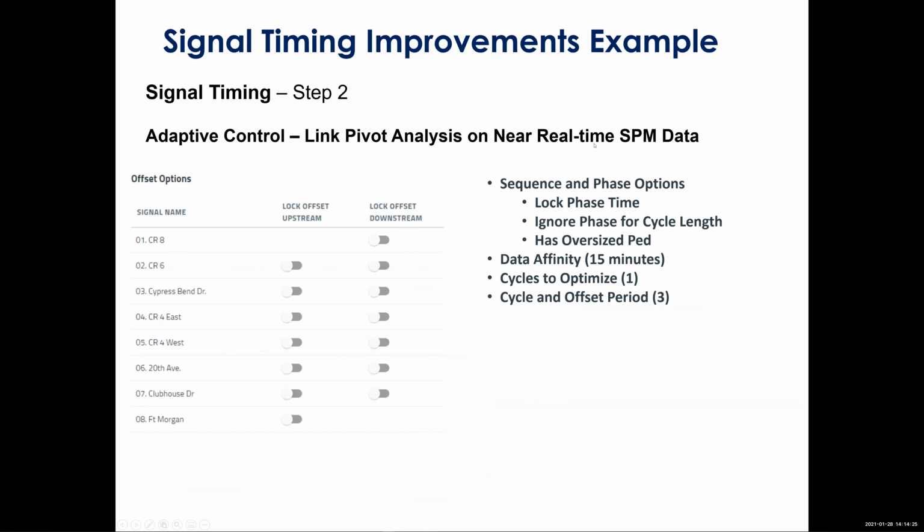And then finally, we look at some sequence of phase options, the data affinity, cycles to optimize, and cycles an offset period basically tell us how quick we're going to make the changes. We're going to analyze every cycle, and we're going to record the data for 15 minutes and go back and use it as hysteresis. So this one's optimizing pretty quickly.